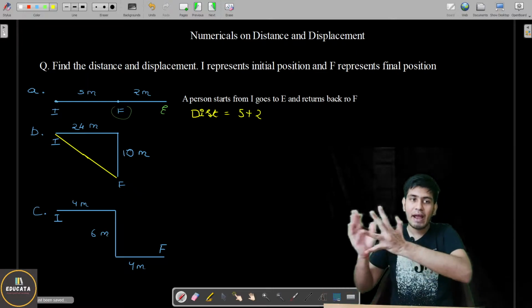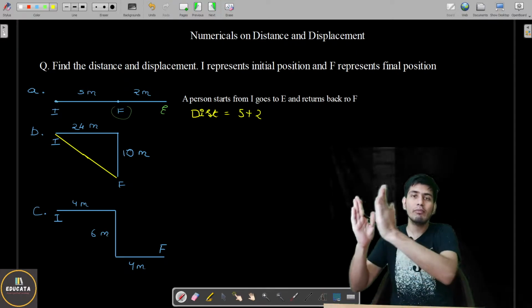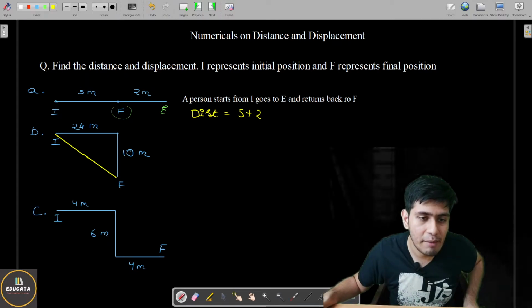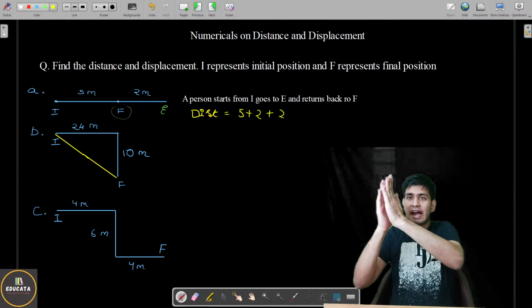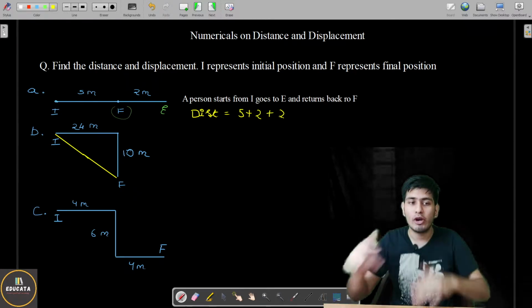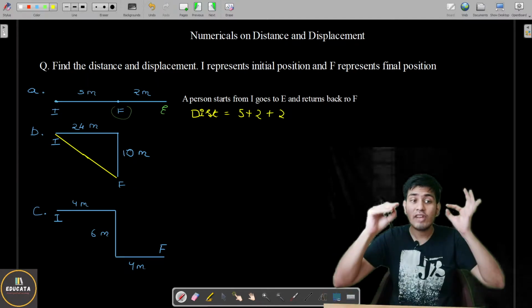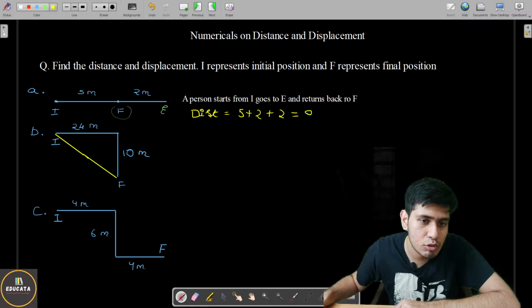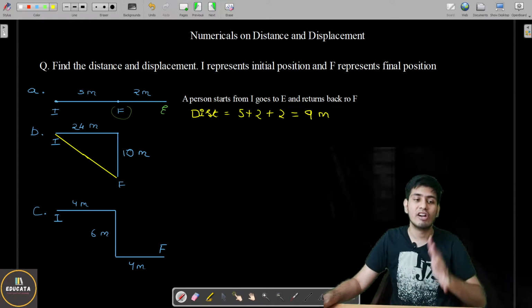Now, he has backtraced his path and he is traveling from E to F. What is happening now? We have to add 2 also, because now he is traveling from E point to F point, which means 2 meter distance again. The total distance in this particular situation is equals to 9 meter. 9 meter is the total distance that he has traveled.